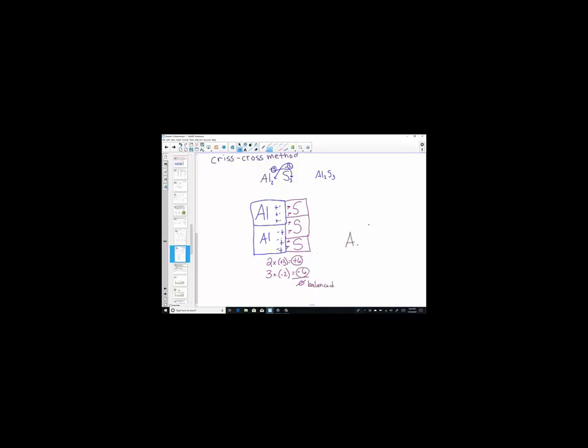We have 2 units of aluminum, electrically balanced by 3 units of sulfide. Aluminum sulfide is our compound.